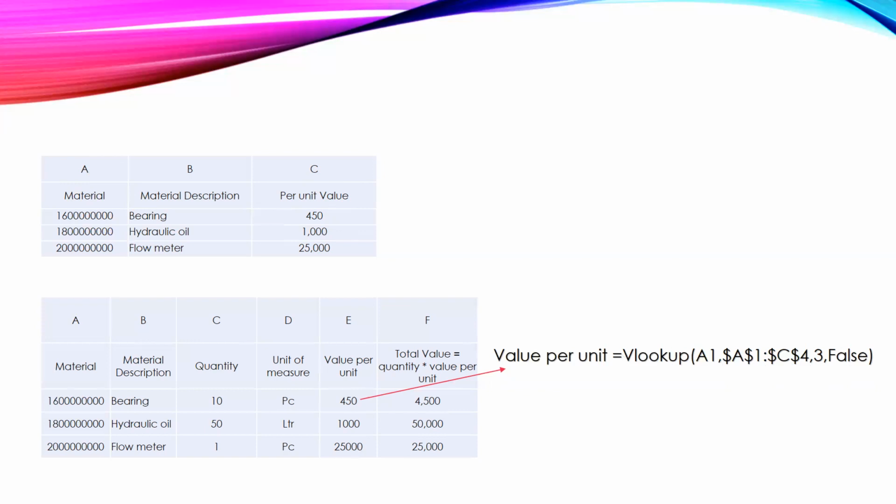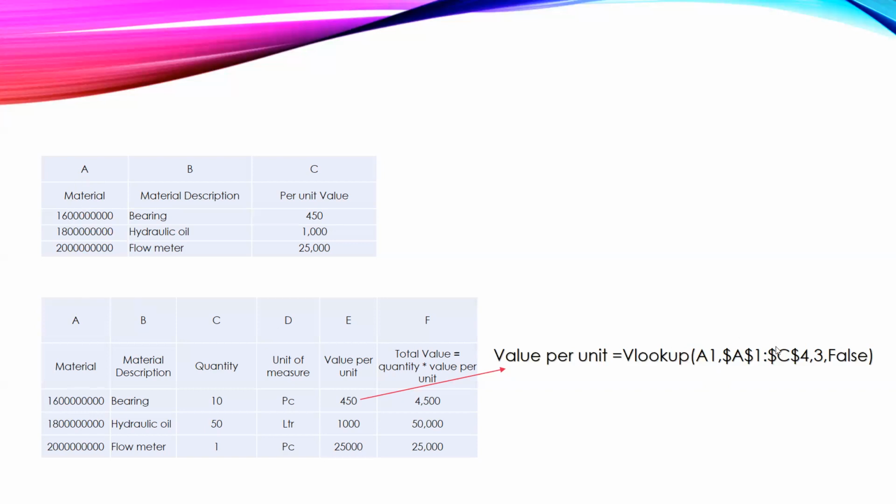One important thing in using the VLOOKUP formula is that whichever column you have used first, the same should also appear first in the next table. Like here, you want the information for material, then in the other table, it should also come in the first column.